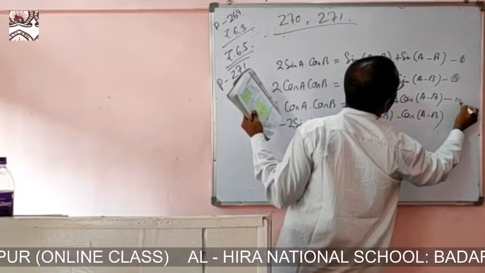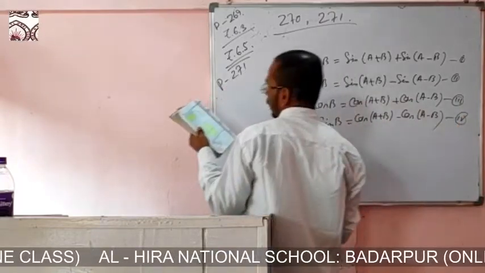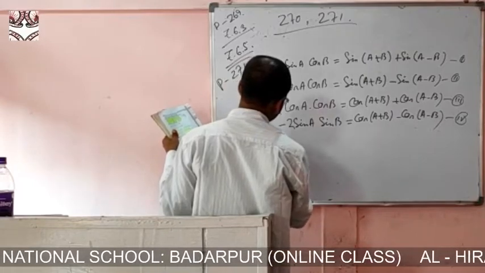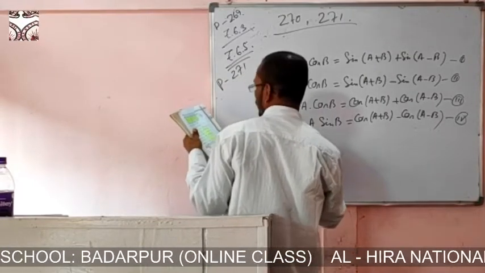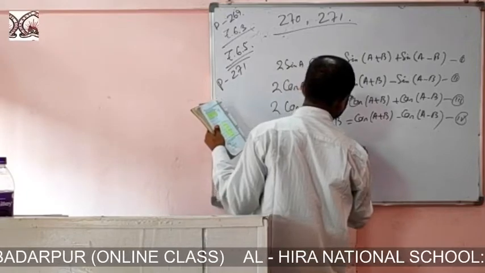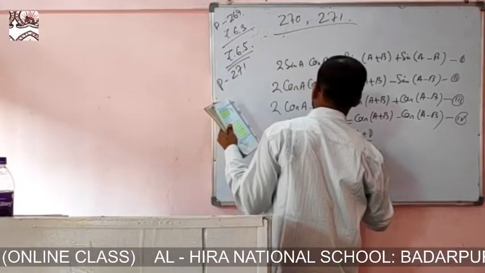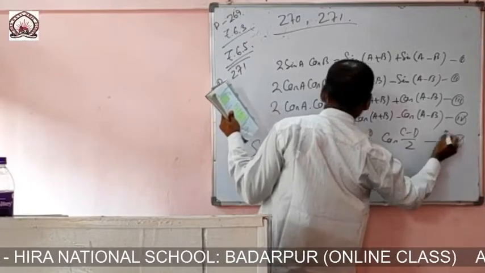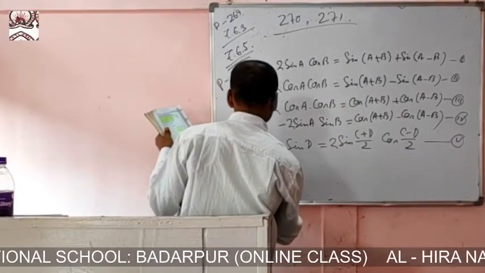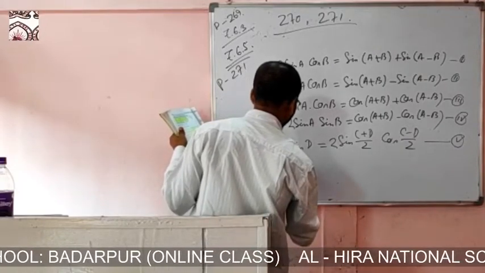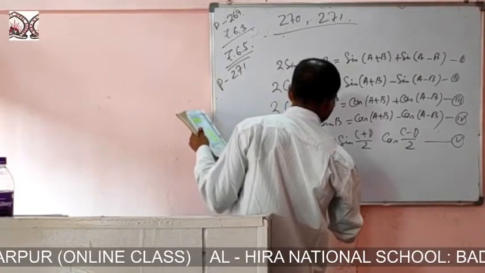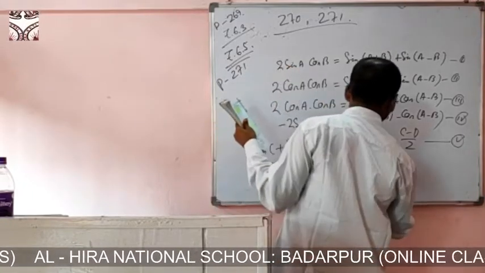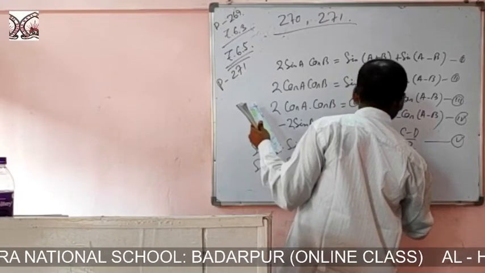And after that, number 5 is sin c plus sin d. Here we find sin c plus sin d will be twice sin((c plus d) by 2) into cos((c minus d) by 2). This one is number 5, and then sin c minus sin d will be twice cos((c plus d) by 2) into sin((c minus d) by 2).